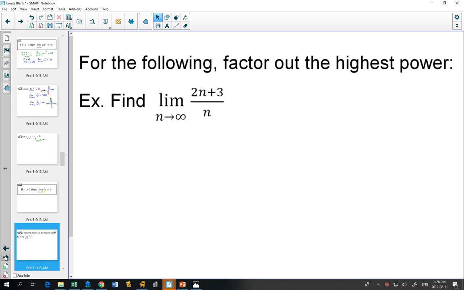Another thing that you looked at when you started to graph these functions in the past, 2n plus 3 over n, you said there's going to be a horizontal asymptote in this situation. Do you remember how you found that horizontal asymptote to be at y equals 2?